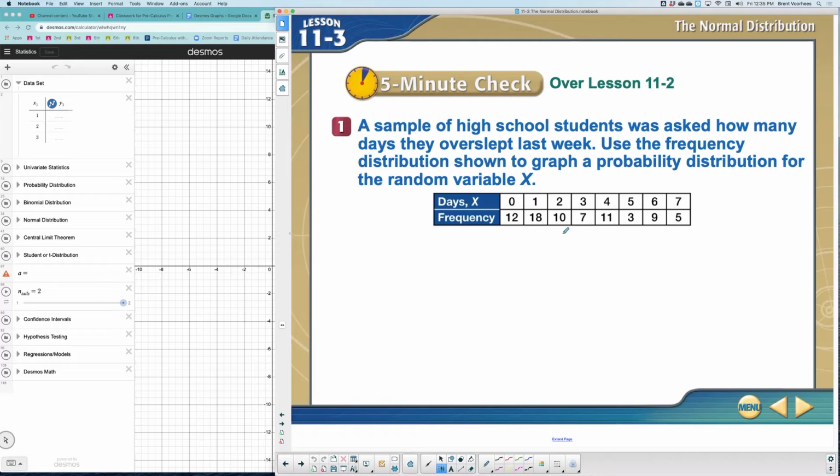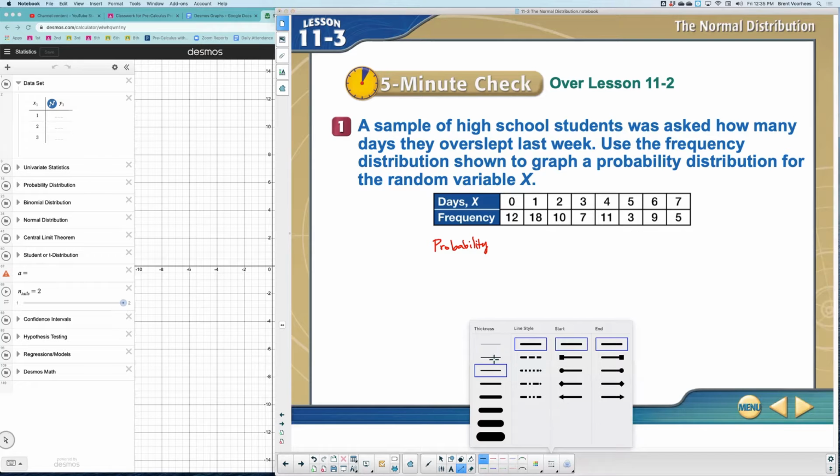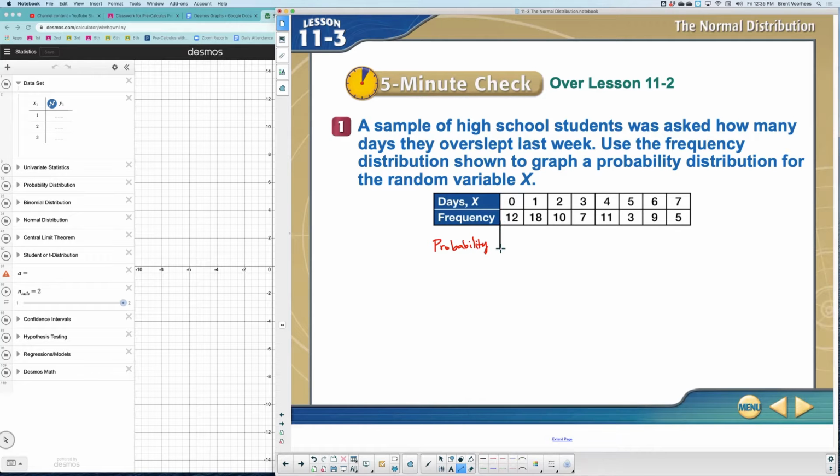So on this particular problem, what I'm going to do is find the probability of each occurring. So oversleeping 0 days, what's the probability of that? What's the probability of 1 day? And all those values going down. Just to help me see this a little bit clearer, let me add some lines in here.